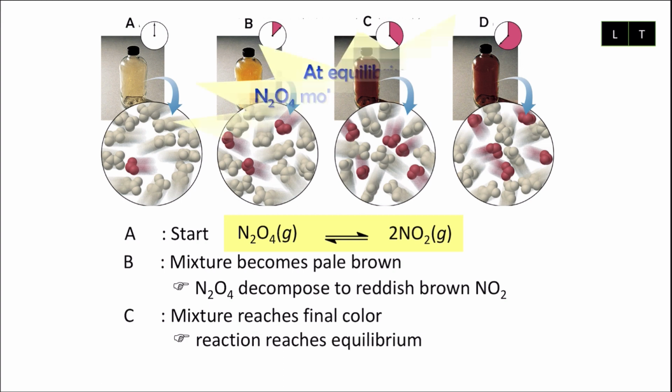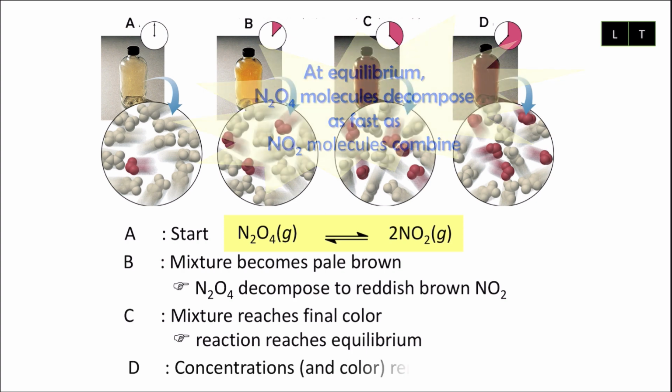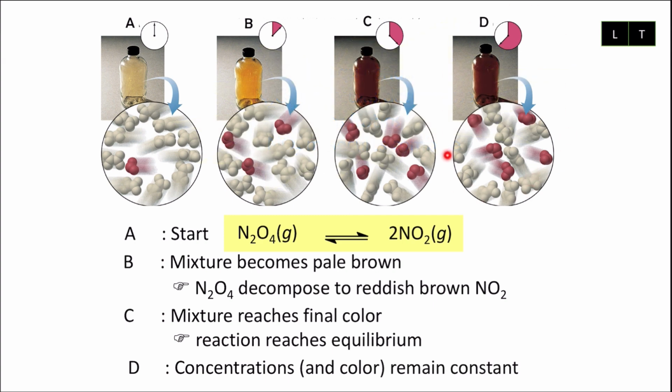So kita boleh faham at equilibrium N2O4 molecules decompose as fast as NO2 molecules combine. Hence, at condition D, concentration for this reaction remain constant for both N2O4 and NO2, dan color dia tidak akan ada perubahan.